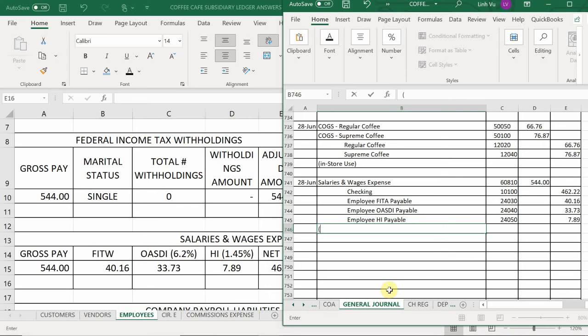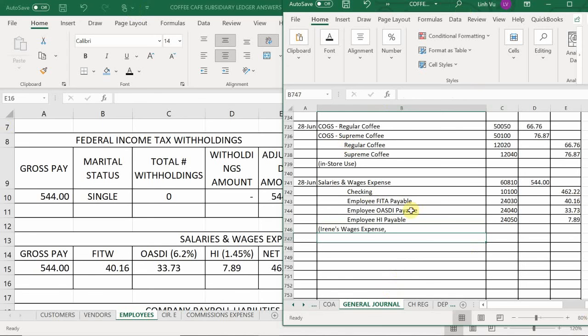So it should be Irene's salary and wages expense. Good. You can do payroll period, but in this case, I also have to write a check to her.